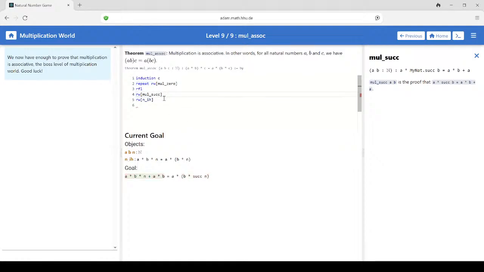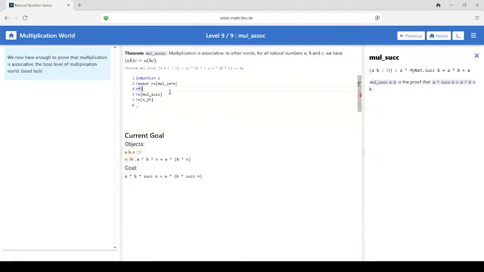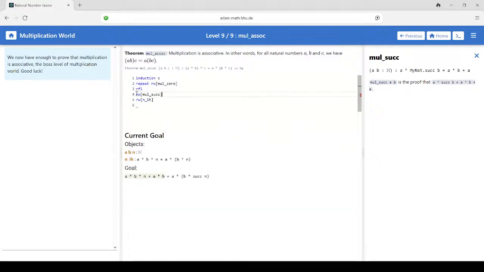What if I just did the first one first and left this as is? Still not sure where we get the plus a from. Right, okay, we solved this, and then we had this one left.